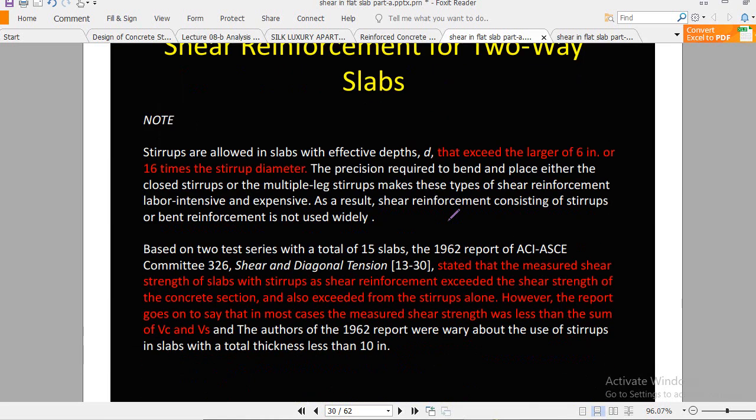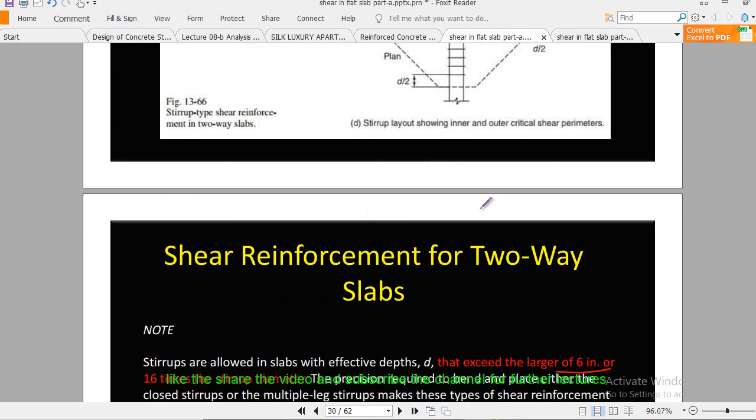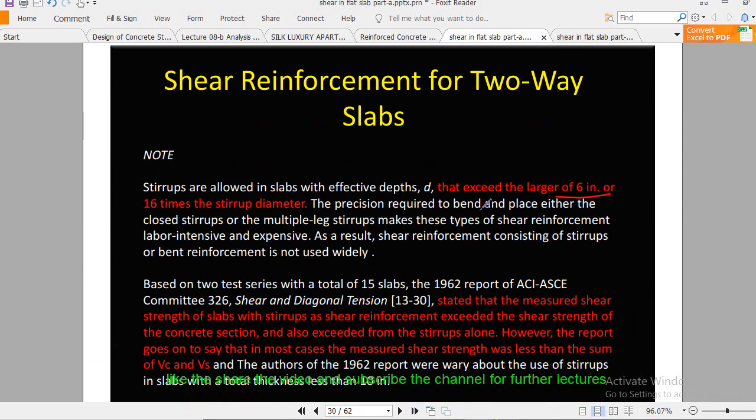And these are some extras: stirrups are allowed in slabs with effective depth d that exceeds the larger of 6 inch or 16 times the stirrup diameter. Remember, you have to provide shear reinforcement in your concrete slab when the effective depth is more than that. You have to check this.